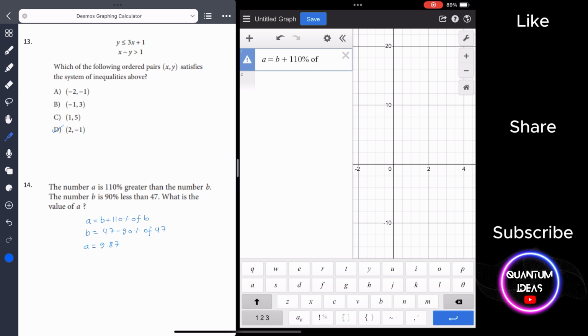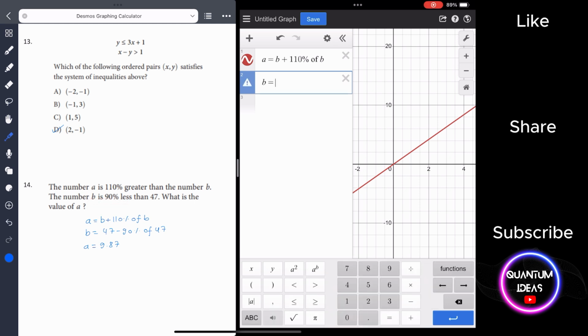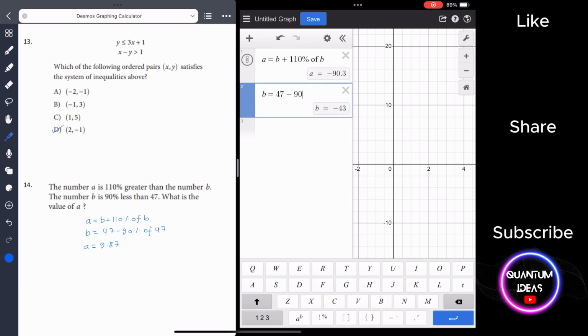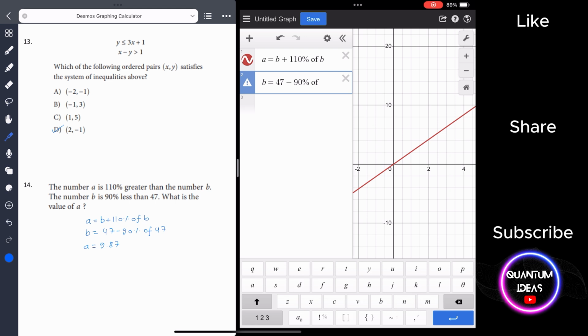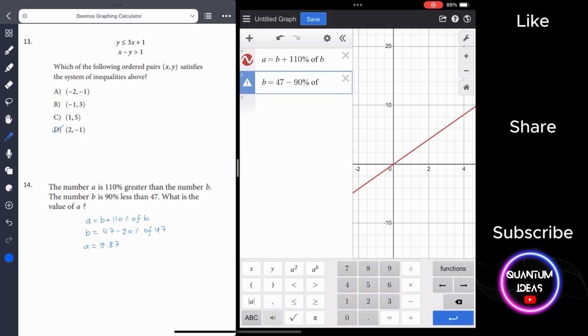Then type shift and press B. So A equals B plus 110% of B. Then what is B? B is 90% less than 47. So B equals 47 minus 90%, press shift, then percentage, of 47, right? So you will get the values of A and B as shown.